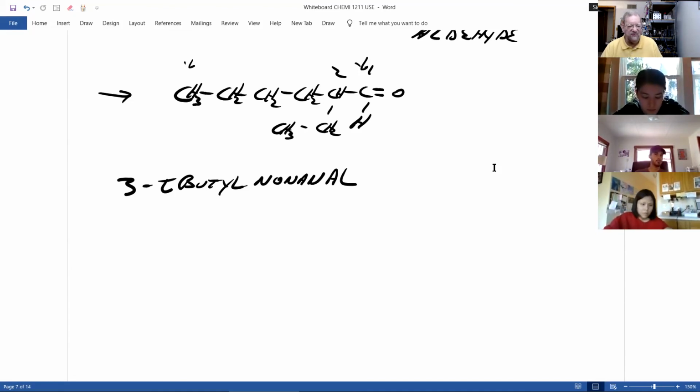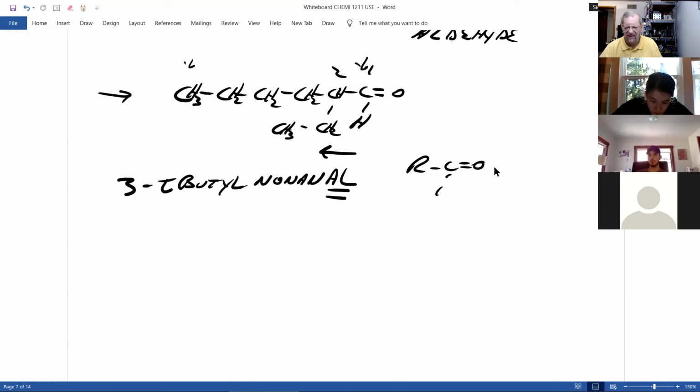All right, I think everybody's done. How do you decode this and know what to draw? You start from the right and move left. AL ending. That's an aldehyde. Remember, carbon, double bond to oxygen, carbonyl group with a hydrogen R group.